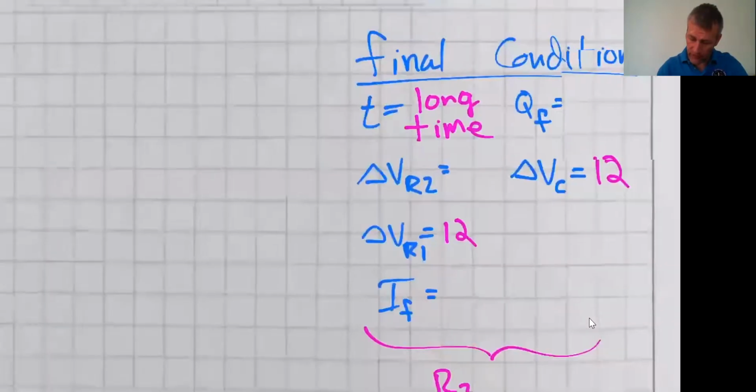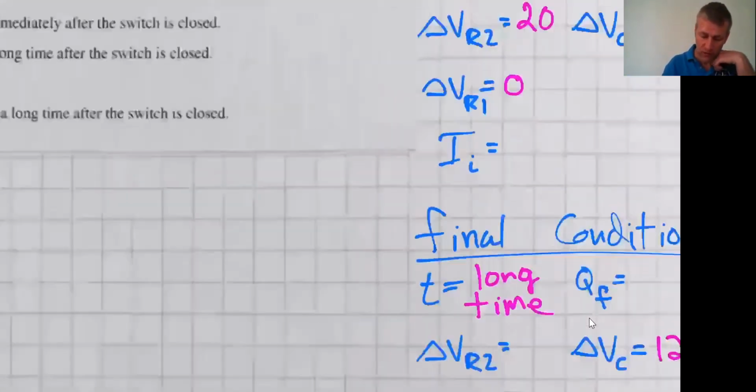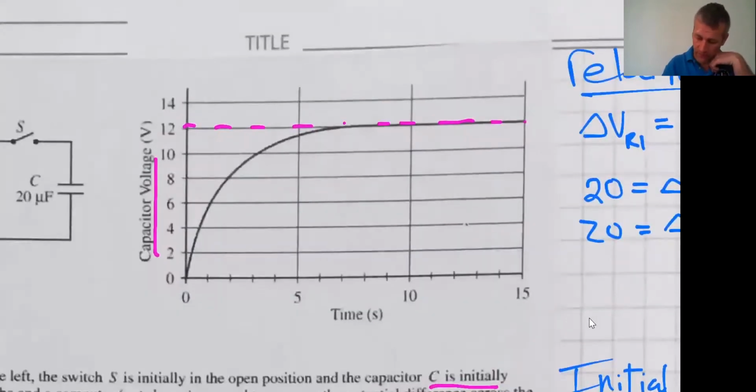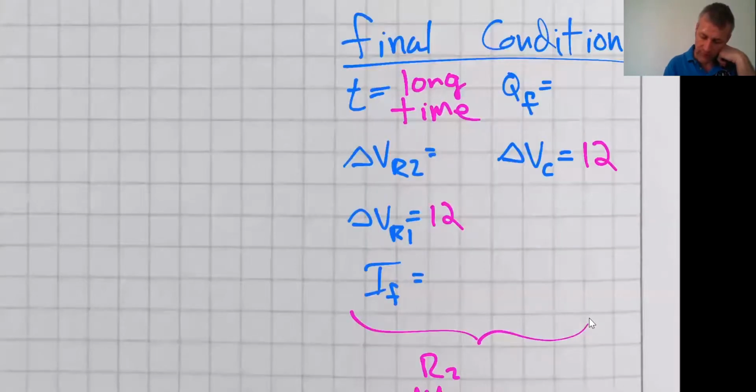But for the final conditions, after a long time, the voltage across the capacitor was at 12. We got that from the graph here, voltage on the capacitor, 12 volts. If that was going to be 12, then this is going to be 8, and this one had the same voltage as the capacitor, 12. It's saying my internet connection's unstable, so this might drop out.